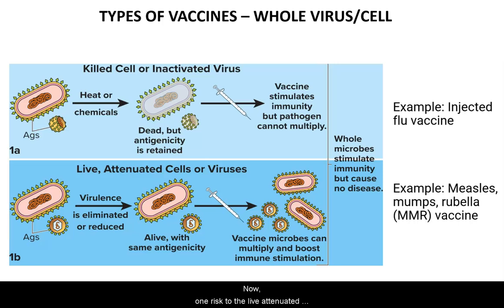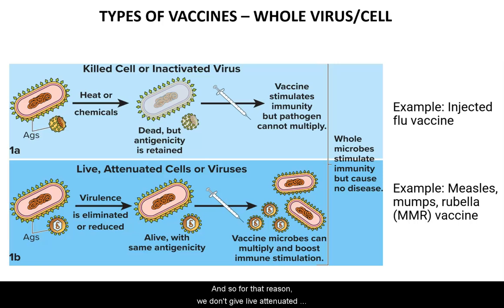Now, one risk to the live attenuated vaccine is that theoretically these pathogens can mutate back to their virulent strain. It's really mostly theoretical. It's extremely rare when this happens, but when it happens, they can cause disease.